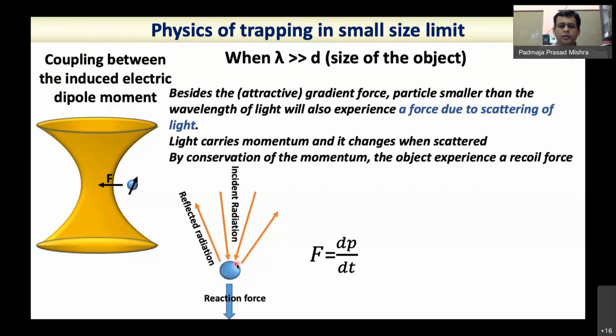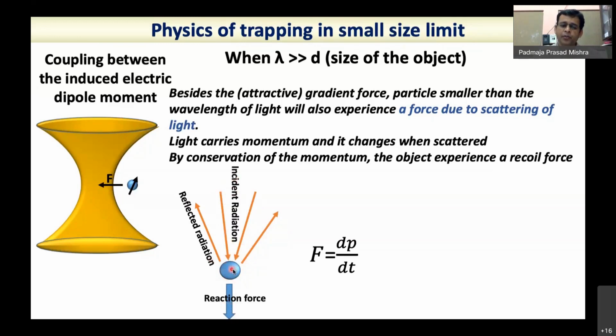And according to the conservation of linear momentum, whenever there is a change in the momentum, that will be given back by some force, by someone, and that someone here is this object, which will give an equal force in the opposite direction, because the change in the momentum is in this direction.